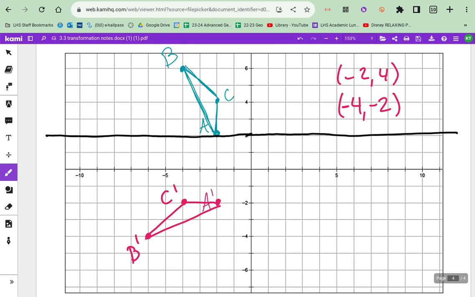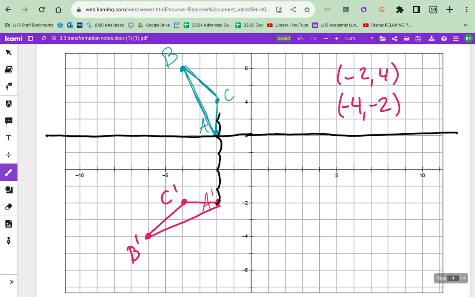And so we're going to apply the second transformation to our A prime, B prime, C prime triangle. So don't go back to your original ABC. You're going to reflect A prime, B prime, C prime. So just count to your line of reflection and then keep going. From A prime, I go up 1, 2, 3, 4 to get to my line of reflection.